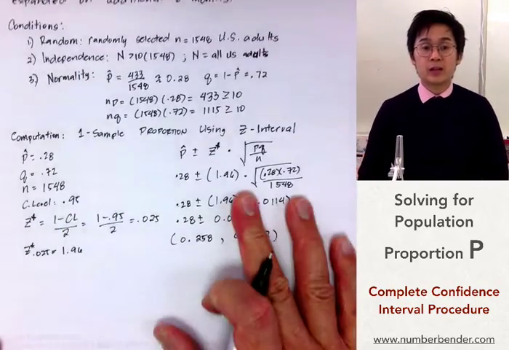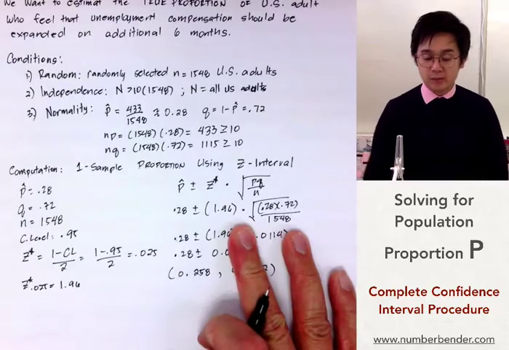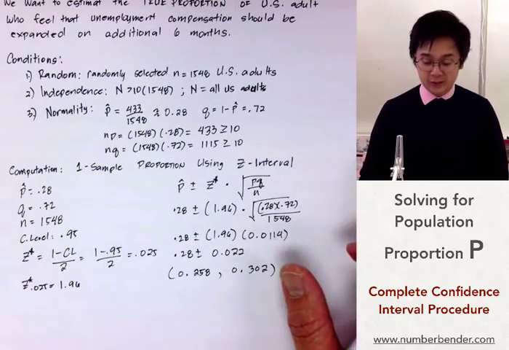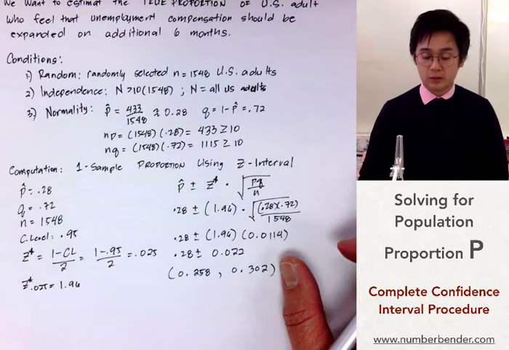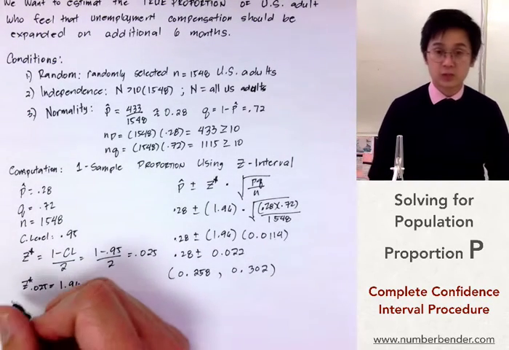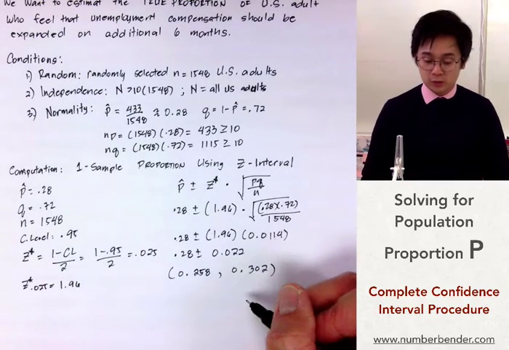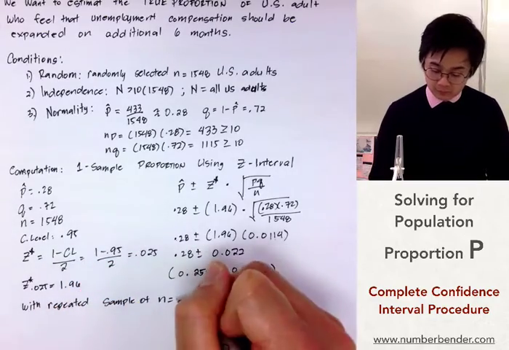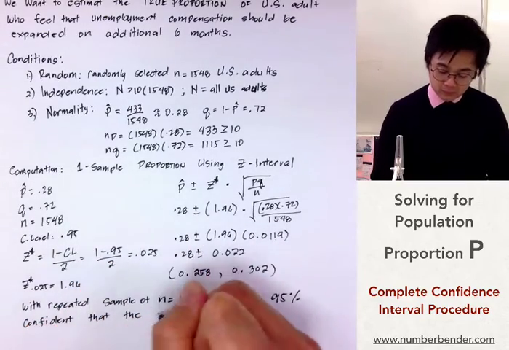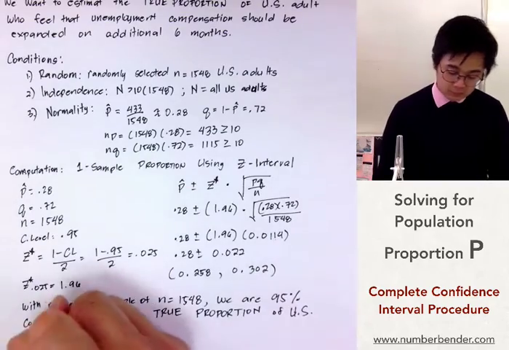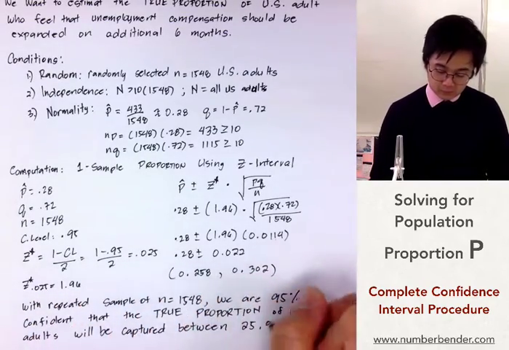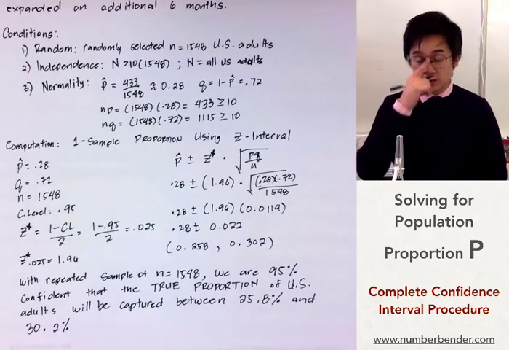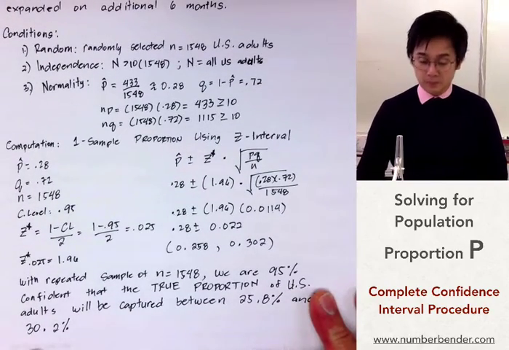To finish our work, we're going to write the conclusion in the context of the problem. Notice that since we already established the parameter of interest, we don't need to rewrite all the terms in our conclusion, and we can just write a general conclusion based on our result. And this is now the interpretation of our confidence interval.